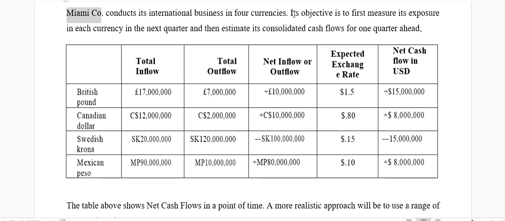So the objective is first to measure the exposure of each currency. That's their first step. They will try to know how much they are exposed to on every currency basis, and then they will combine all of them to know the consolidated cash flow that can be generated in 1 quarter.